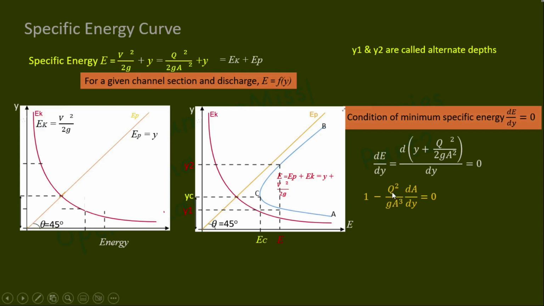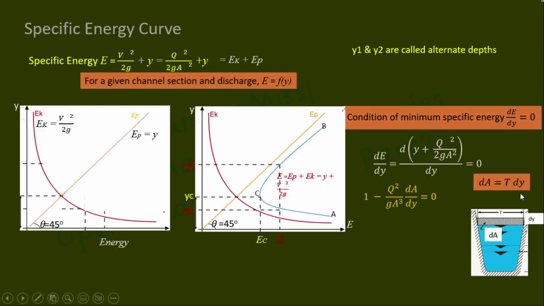In this, Q is constant and A is a function of Y. For the channel section, as shown in this figure, the top width T represents the width of the channel at the free surface. So consider a small strip of water with thickness dy. The area dA equals T into dy, or T equals dA by dy.